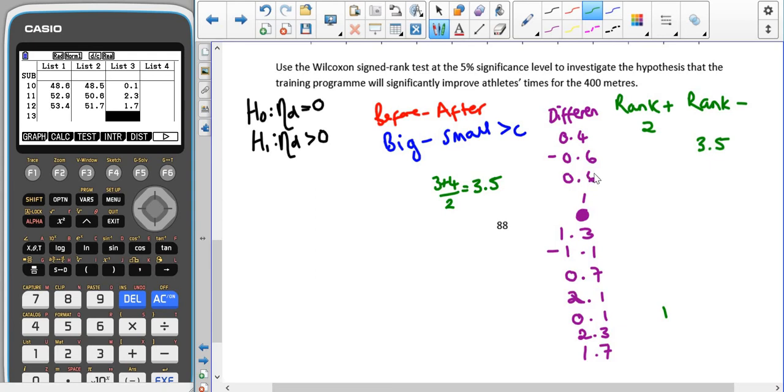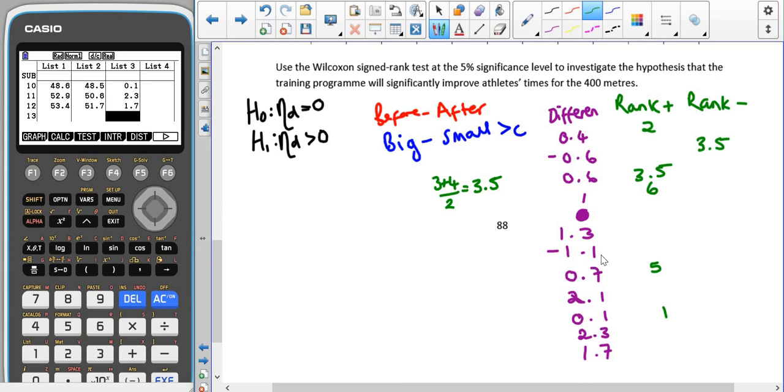And 3.5 for the 0.6 is going to go in the positive column. So that's rank 3 and 4 gone. Rank 5 is going to go to 0.7 because that's my next biggest number. So that's all my 0 points gone. So the next biggest one is 1. That gets the rank 6, again in the positive column.